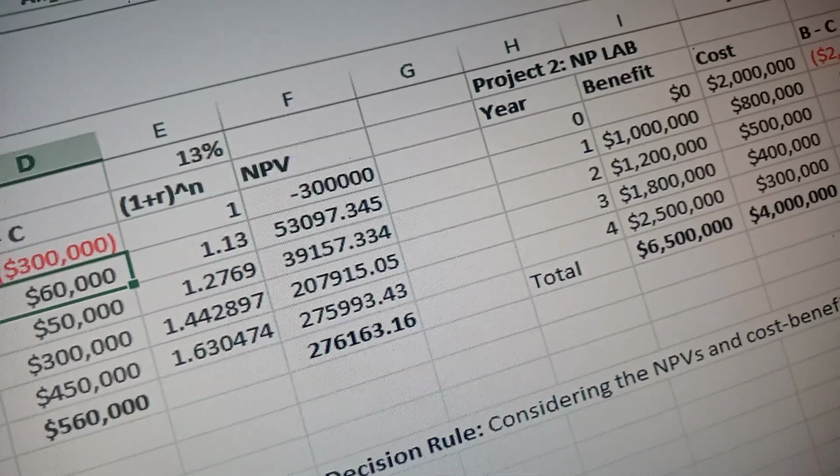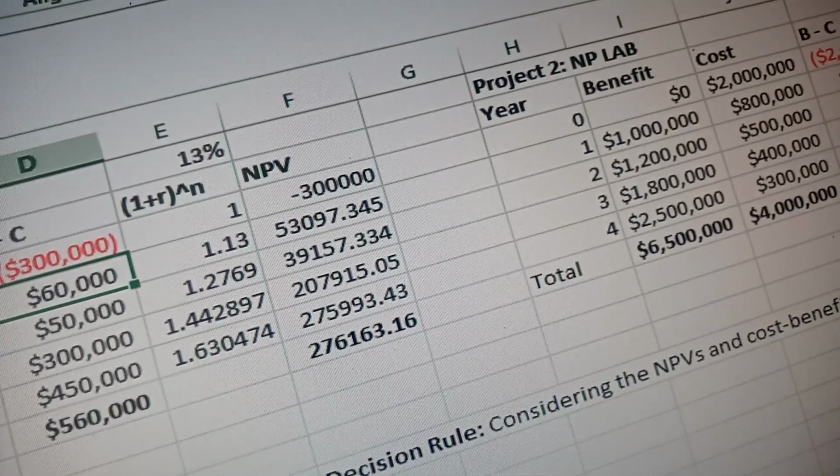So with these two figures, by comparison, I think management will be better off just starting a new product lab versus restoring the old product lab, based on the figures we have here with the help of Excel.